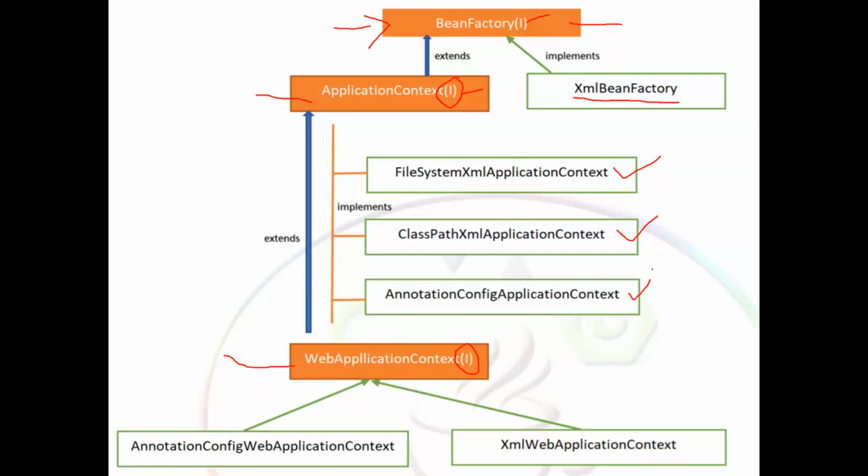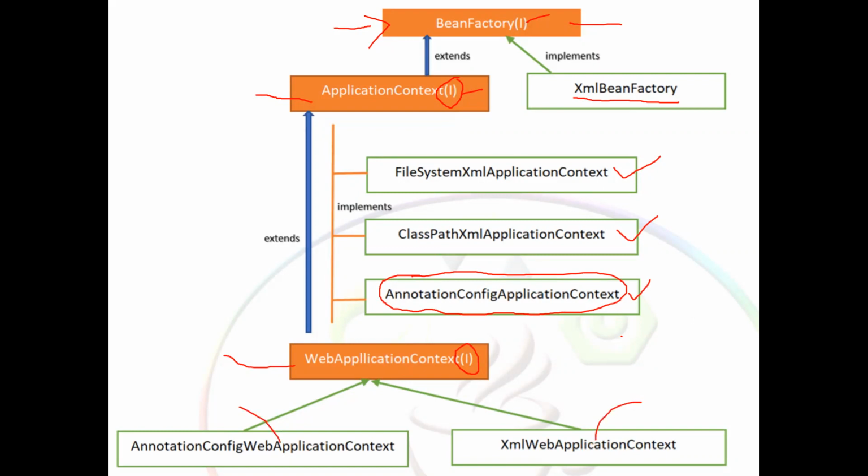The recommended approach now in project development, everyone is following AnnotationConfigApplicationContext here. If you are developing web applications, like UI based applications, then WebApplicationContext interface implementations are AnnotationConfigWebApplicationContext and XML.